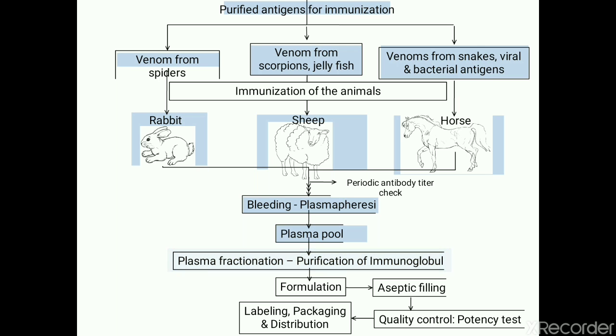Purification involves plasma fractionation and purification of immunoglobulin, then formulation, in which there may be addition of several preservatives, then filling into vials or bottles, which is done aseptically. Followed by that, the quality control test that involves mainly potency test, then labeling, packaging and distribution.